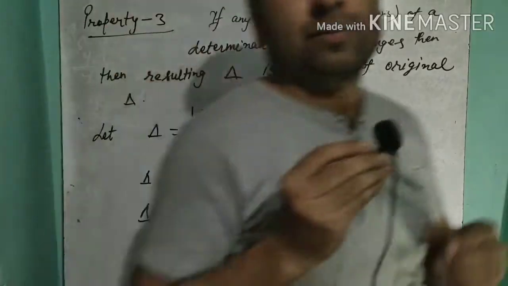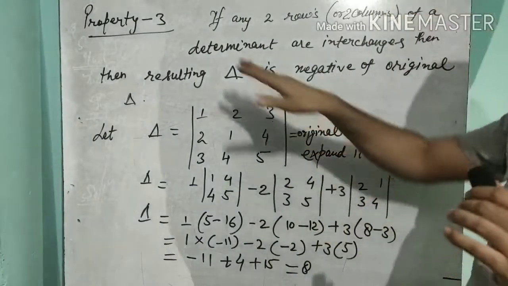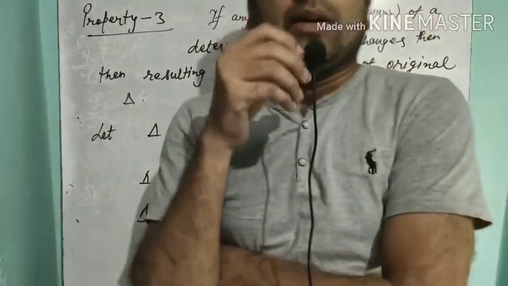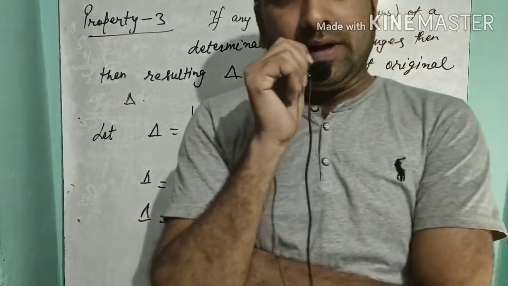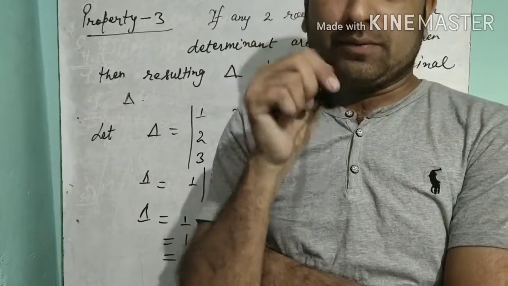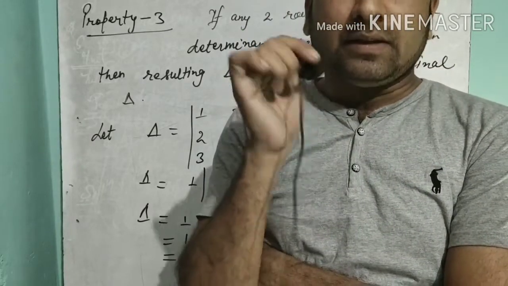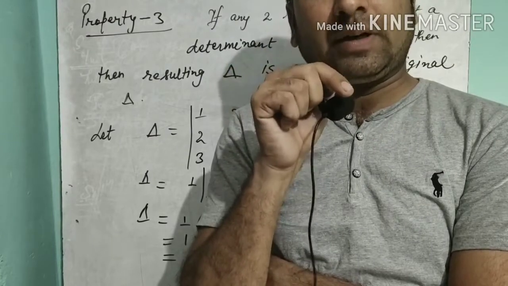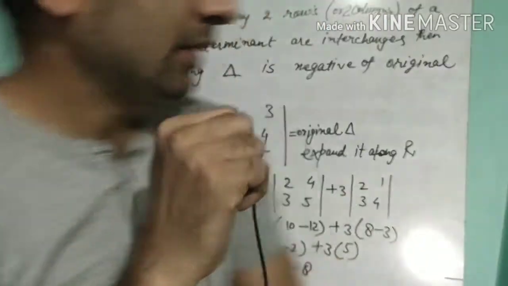Finally students, we are on property number 3. I will explain everything. Suppose you have a determinant, and you want to interchange any 2 rows or any 2 columns of it. What will be the effect on the determinant? This property is related to that.